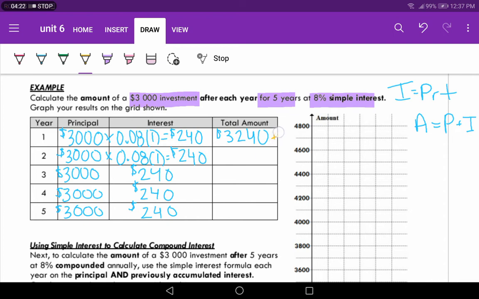So plus 240 means that our total amount after 2 years is $3,480. To figure out the next year, we're adding $240. Okay, and it's just the same pattern over and over and over again.